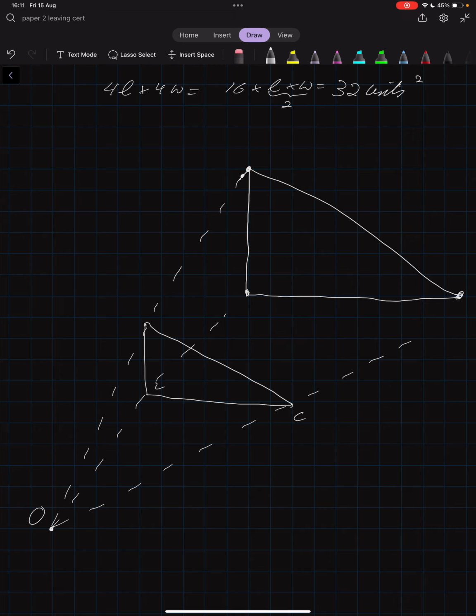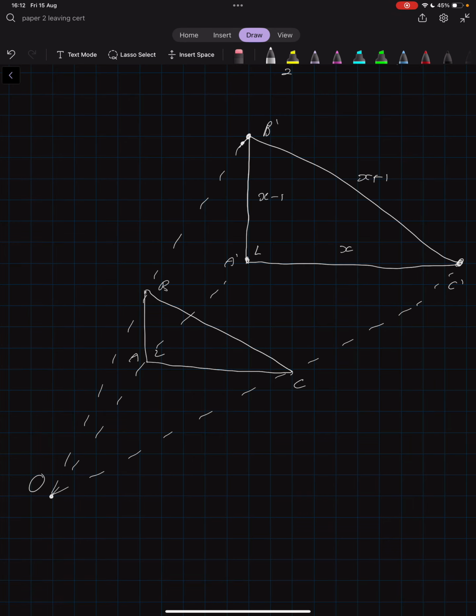Okay, so again, if this is C, A, and B, this is A prime, B prime, and C prime. So now you're told that this is x plus 1, this is x, and this side is x minus 1. You're told, okay, well, sorry, first of all it says find the value of x if this is a right angle.